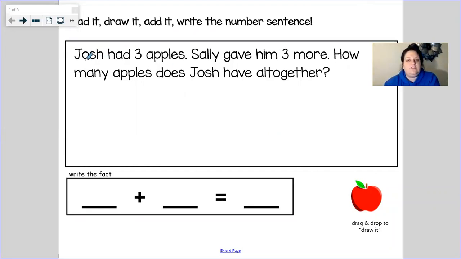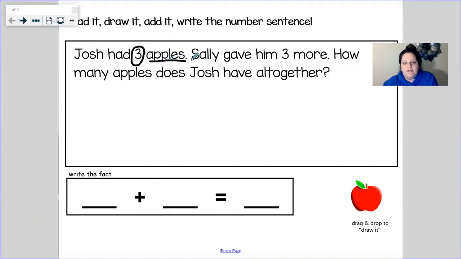So the first question is, Josh had 3 apples. Sally gave him 3 more. How many apples does Josh have altogether? So remember that when we read these problems, we always find the numbers and circle them. So the first number I see is 3, so I'm going to circle that. And he had 3 apples, so we want to remember what he had 3 of.